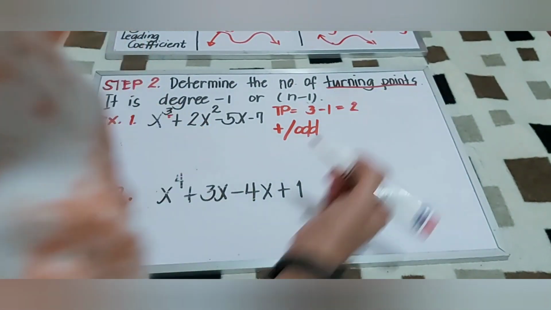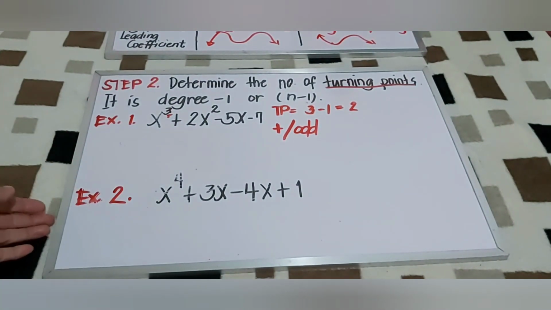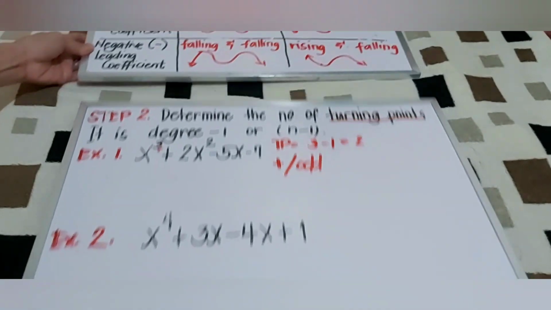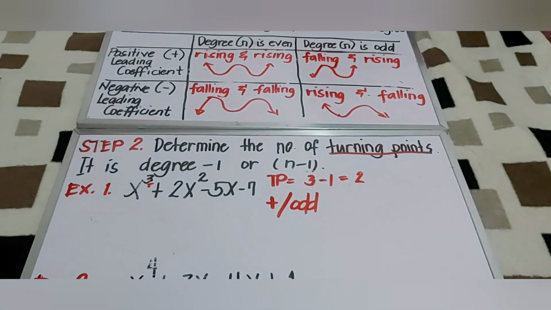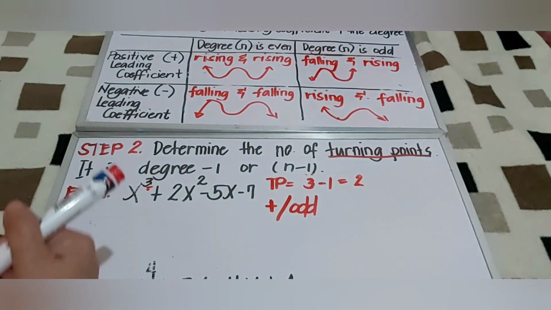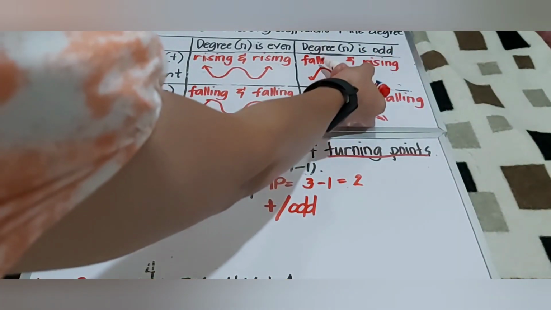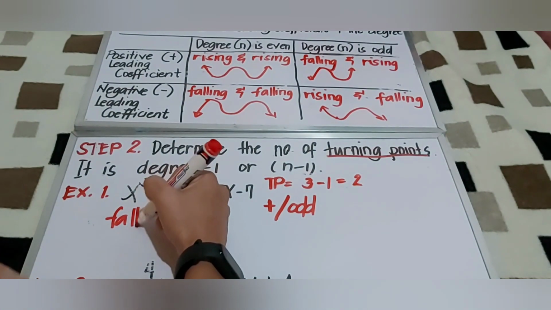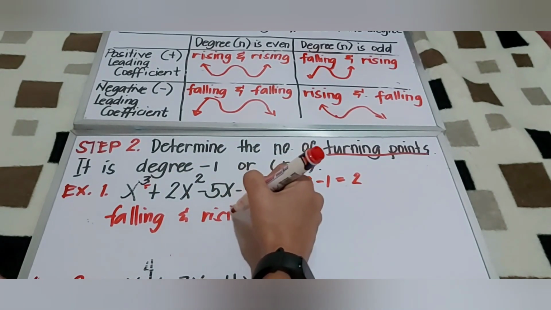Ano ang end behavior kapag positive ang leading coefficient at odd naman ang ating degree? Balikan natin yung kanina. Kapag positive tapos odd, our end behavior is falling to the left. Falling and then rising. Falling to the left and rising to the right.